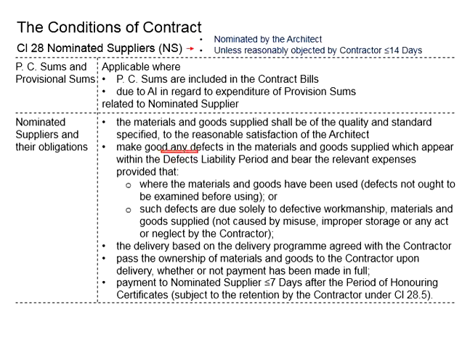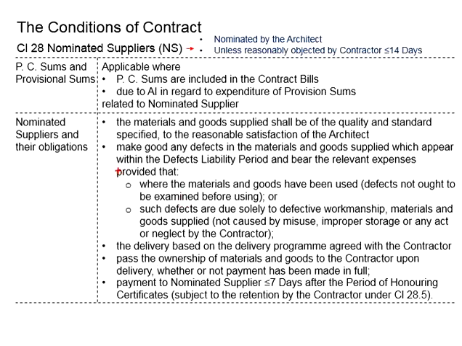There is a period called the defect liability period. During this period, any defects found on the materials and goods, the nominated supplier will have to make good and rectify without any charges to the contractor and the employer. This is under the typical conditions.